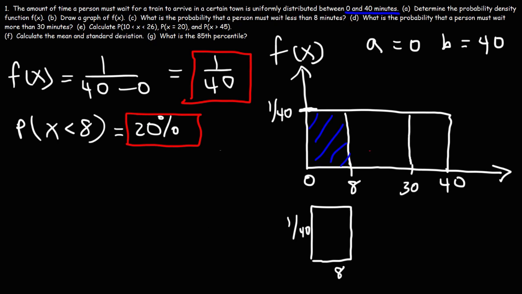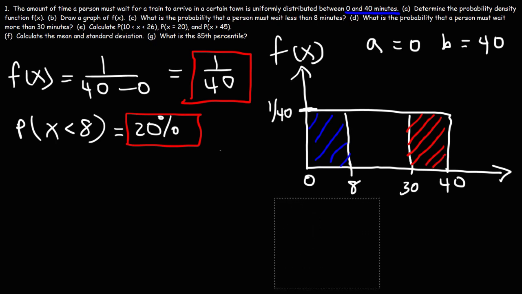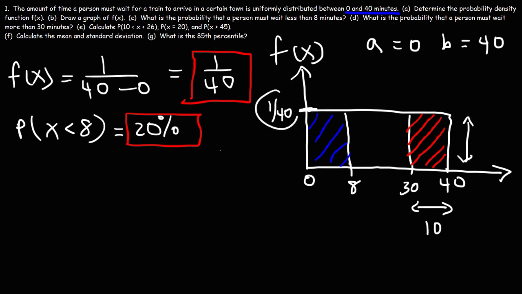So we need to calculate the area to the right of 30, or between 30 and 40. So notice that the base of that rectangle is 40 minus 30, which is 10. And the height is still 1 over 40.